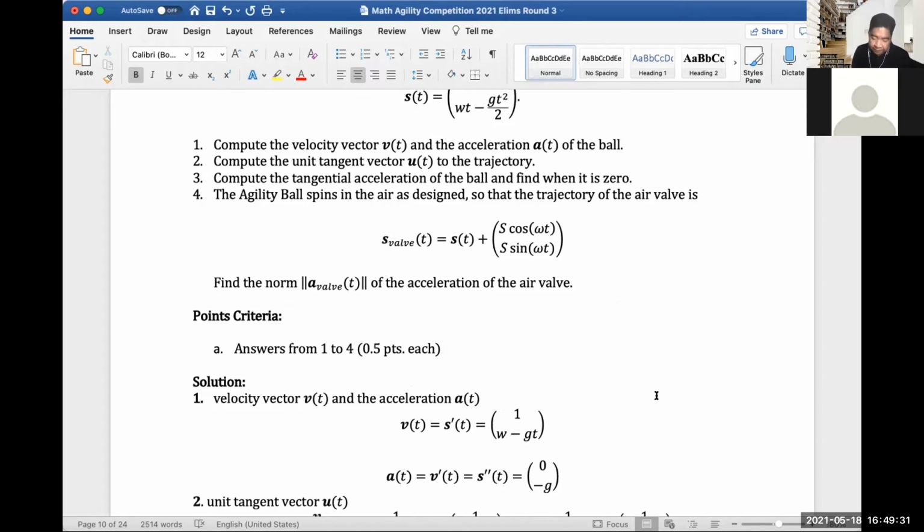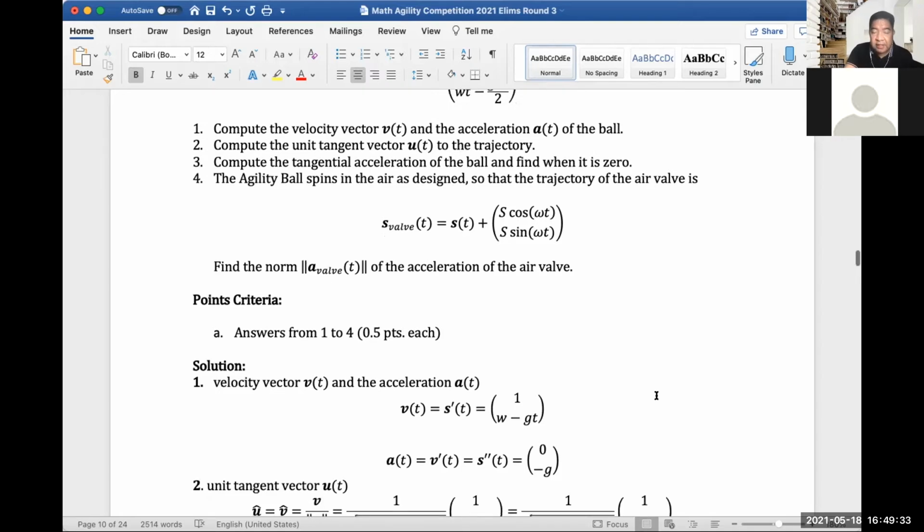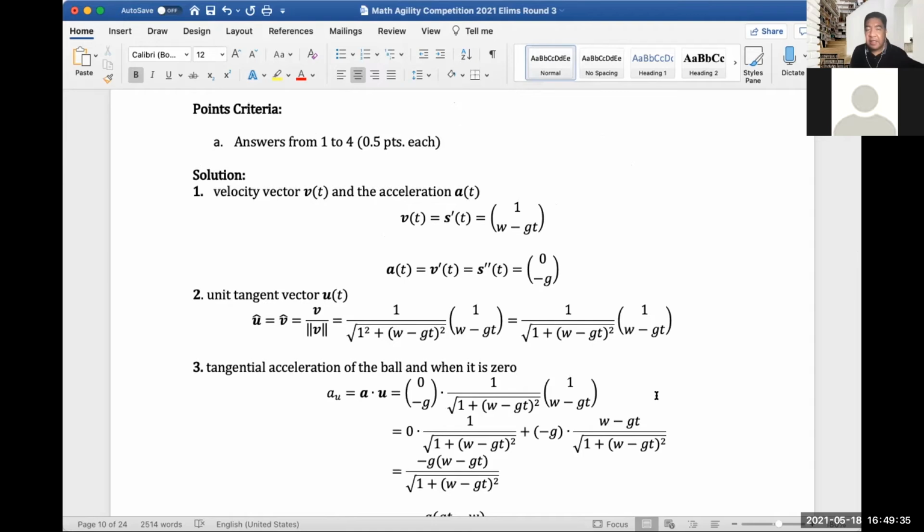v of t is simply the derivative of s of t, which is s prime of t here, right? If you get the derivative of s of t, t becomes 1, and the derivative of the second one is w minus gt.